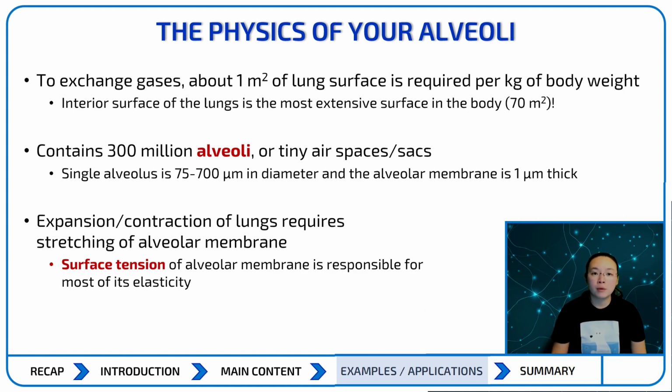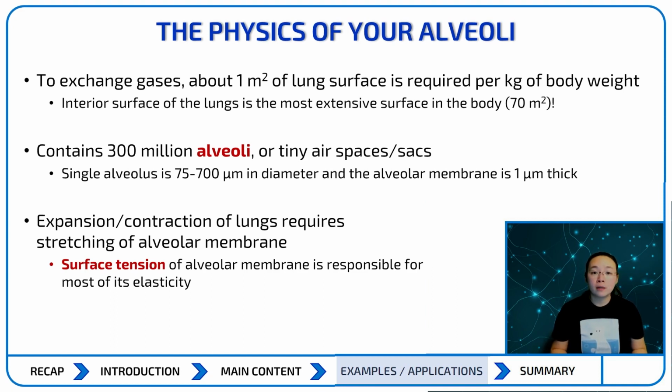Our human bodies contain about 300 million alveoli, which are basically a bunch of little bubbles or sacs. One single alveolus is approximately 75 to 700 micrometers in diameter, so it's important to know that they do vary in size, and your alveolar membrane is about 1 micrometer thick. So the membrane is very, very thin to allow for an easy diffusion of gases.